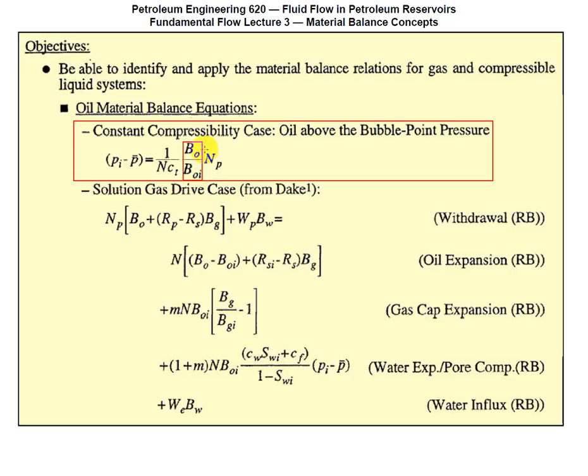We can measure NP. We can measure CT. We can measure PI. And then therefore, the only thing we've got left is N, our variable that we're after.